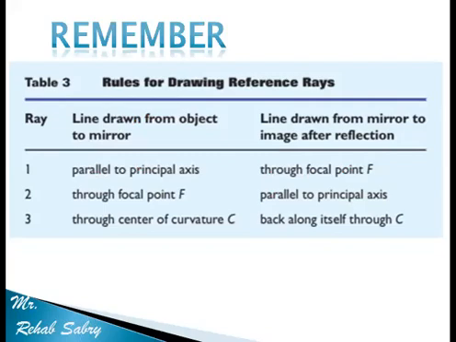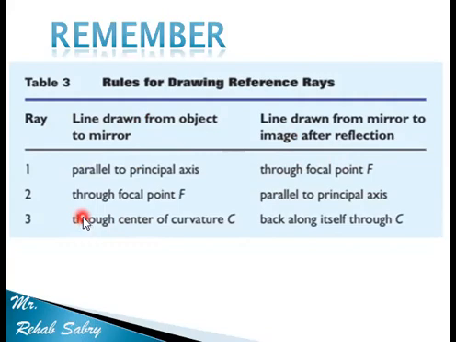Now, inshallah, this table summarizes all what we said. Here, the first case, the incident rays are parallel to the principal axis, and the reflected ray is through the focus. The second one is the opposite.